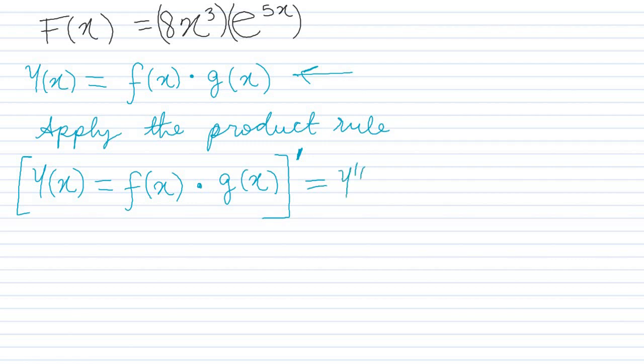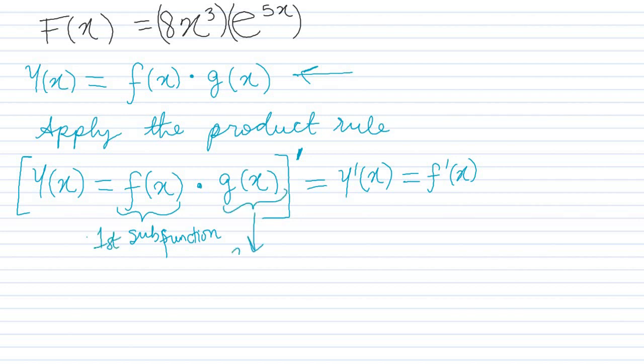y prime of x, which is a way for you to say something is differentiated, equals f prime of x. So derivative of the first subfunction, this is the first subfunction, and then this is the second subfunction.